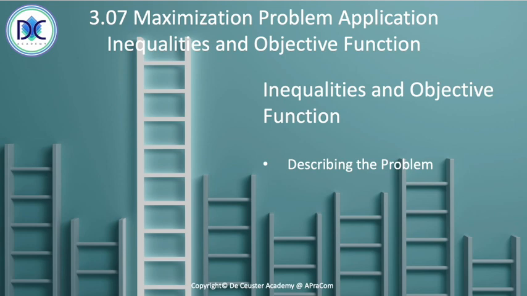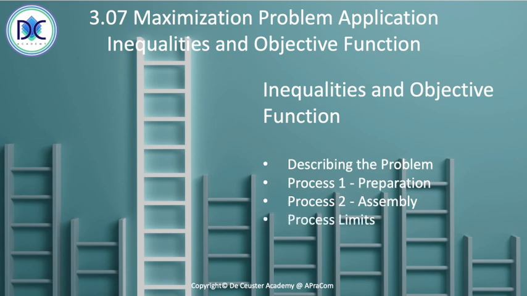In our case, we will be looking at the production of two bicycles, fancy and sporty, and we have a description in which we find all the conditions that we need to resolve this as a linear programming problem. We have two processes. Process 1 is the preparation of the bicycle. Process 2 is the assembly. And then we also have the process limit.